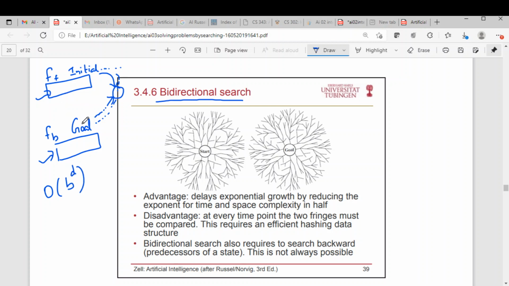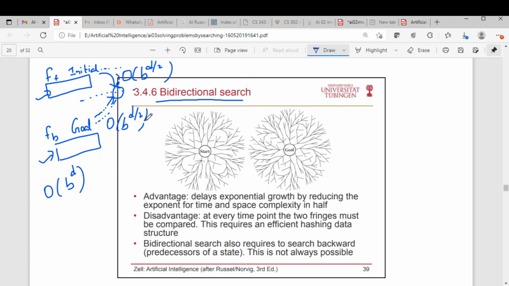But when you do bidirectional search, the forward direction's complexity is expected to be order of b to the power d by 2, where d represents the depth at which the solution is available. The forward search will not go to the full depth. It is expected to complete at the mid, so instead of order of b to the power d, it becomes order of b to the power d by 2. Similarly, the backward search is also order of b to the power d by 2.